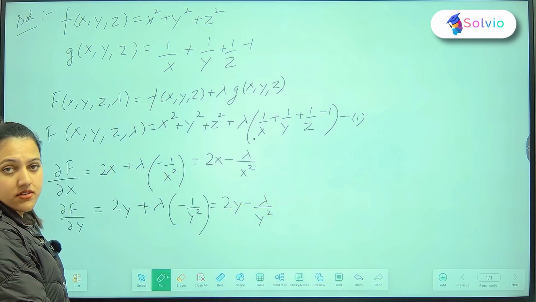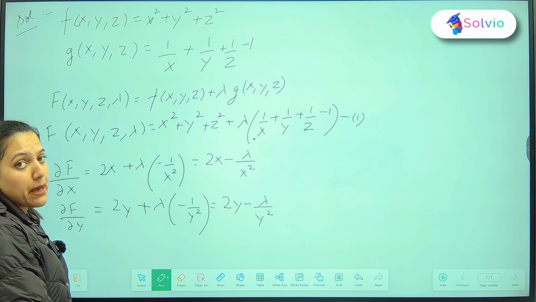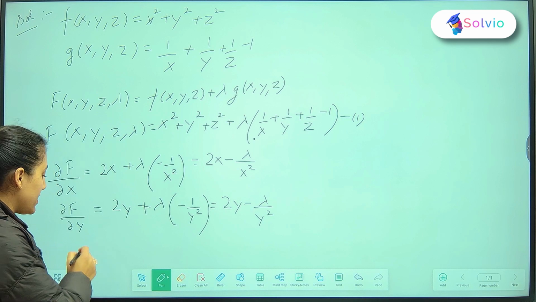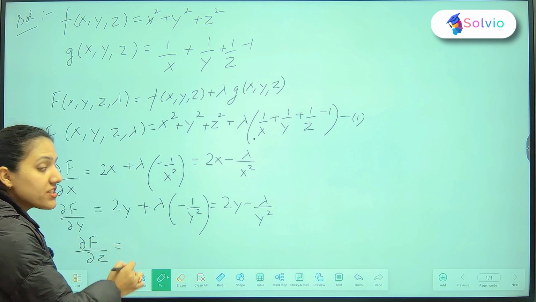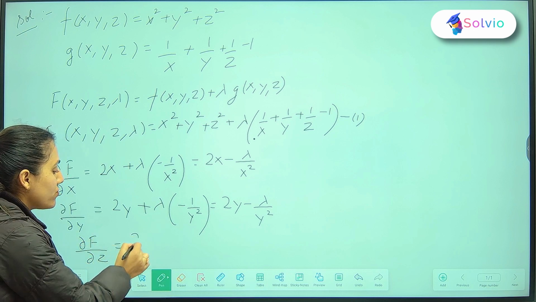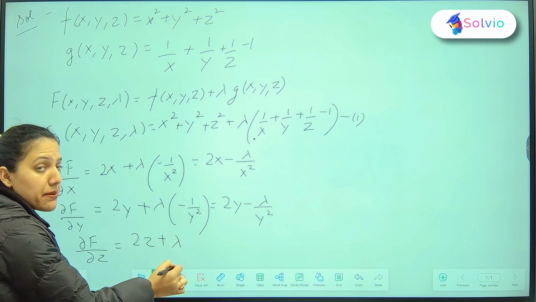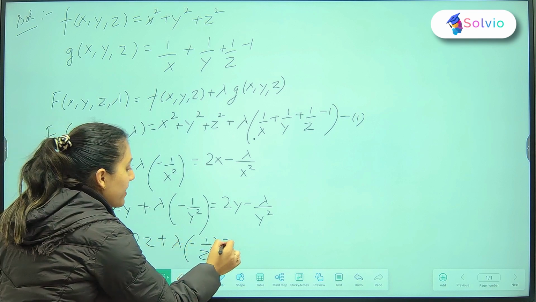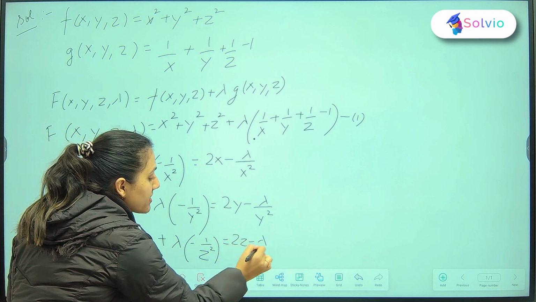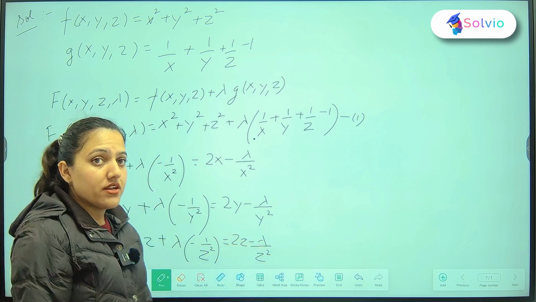Clear students? So now we will differentiate capital F with respect to z. So partial derivative of capital F with respect to z is equal to 2z plus lambda times minus 1 upon z square, and that will be equal to 2z minus lambda upon z square. Clear?